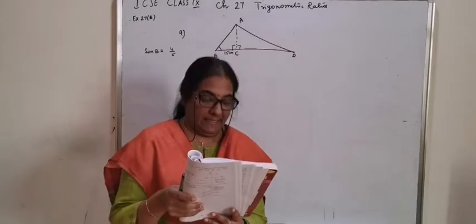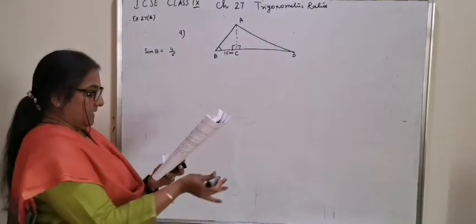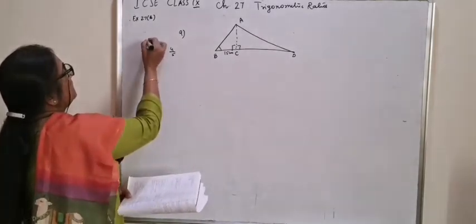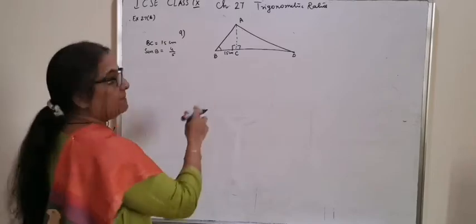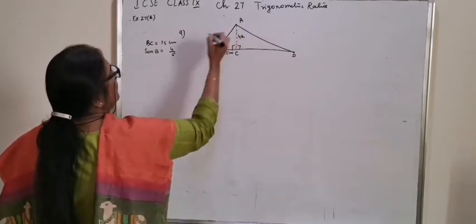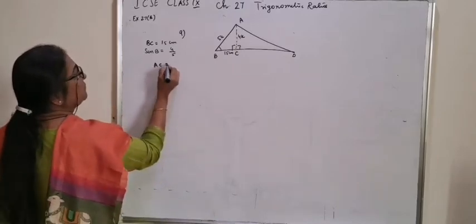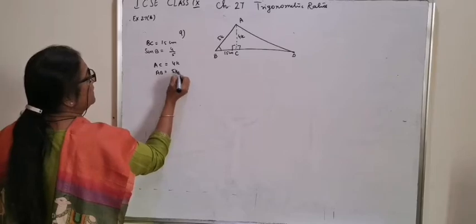Question number 9. In the given figure, BC is equal to 15 centimeter and sin B is equal to 4 by 5. Sin B means the perpendicular by hypotenuse. That means let the length of AC be 4K and the length of AB be 5K.